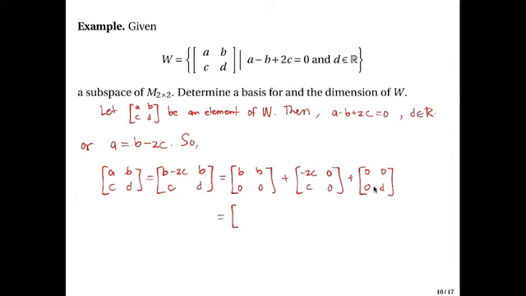So you will have 1, 1, 0, 0 times B, plus in here you will have negative 2, 0, 1, 0 times C, plus in here you have 0, 0, 0, 1 times D. So B, C, and D, these are just real numbers. Now, every matrix A, B, C, D can be written in this form.